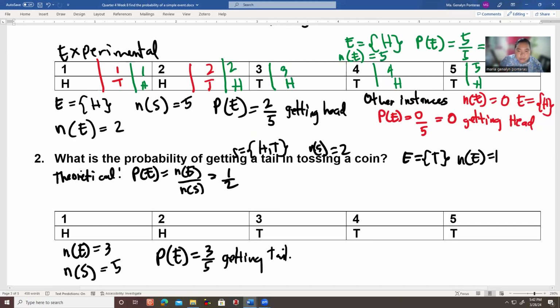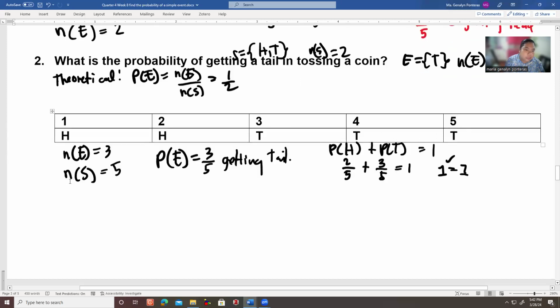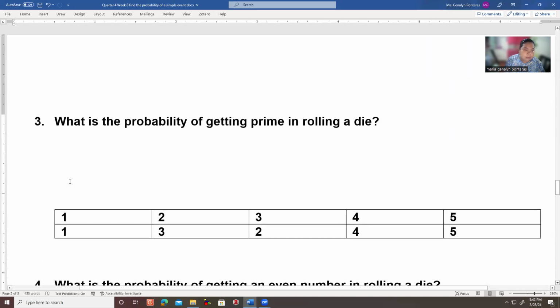If you want to determine if you're correct, probability of head plus probability of tail must be equal to 1. For head, 2 over 5 plus tail, 3 over 5, that is 1 equals 1. So correct. The characteristics of probability are not compromised in our empirical probability.